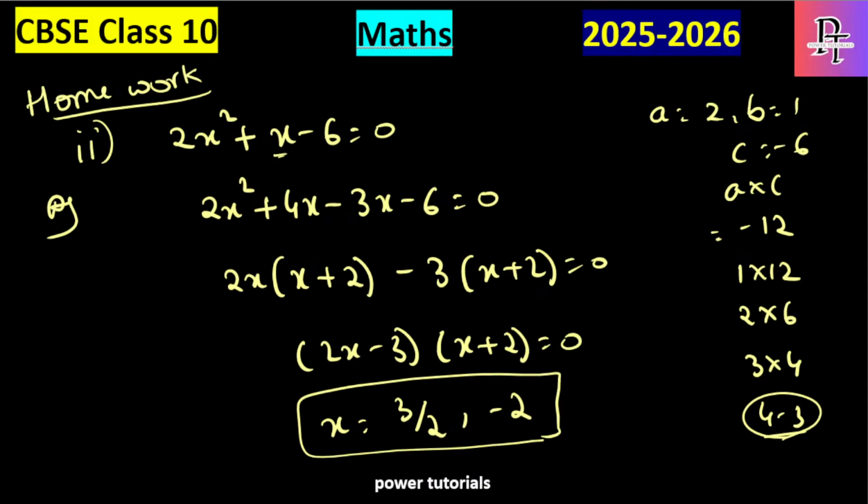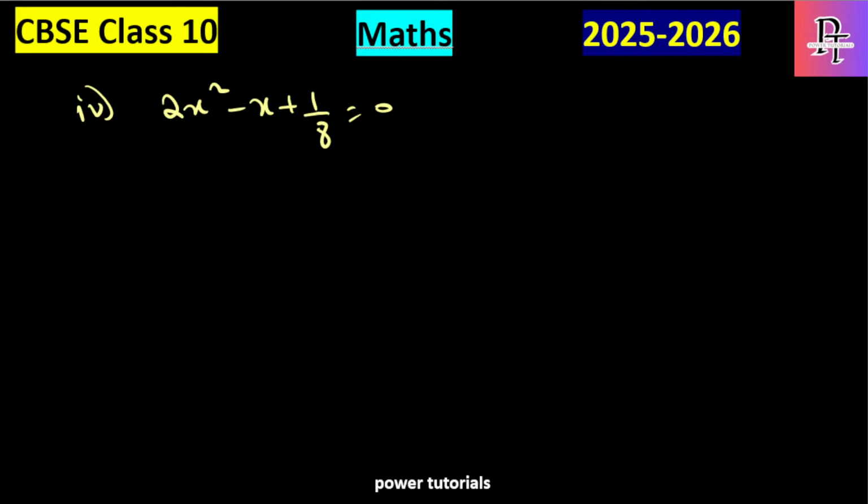Okay, let's solve the next one, which is 2x square minus x plus 1 by 8. My suggestion is, whenever you have something fractional, do something such that there will not be any fraction in the question. So simply I am multiplying 8 on both sides.